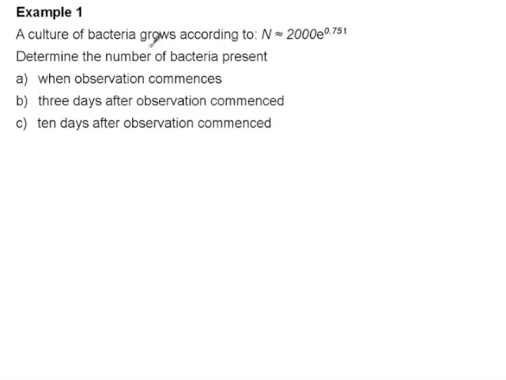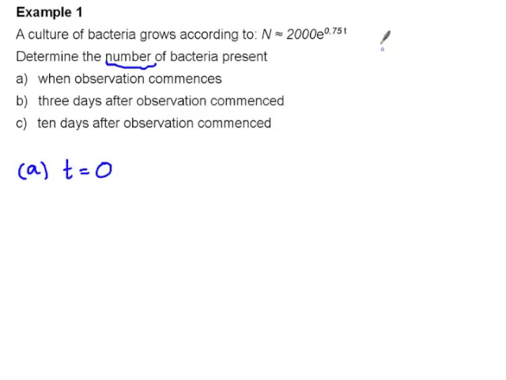Here we have a culture of bacteria growing according to this rule. So n is the number of bacteria. We need to determine the number of bacteria present, firstly when observation commences, so that's when t equals 0.